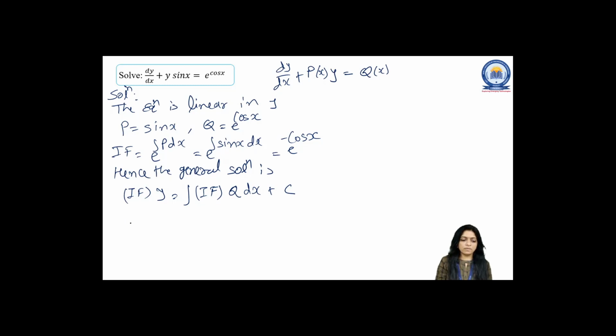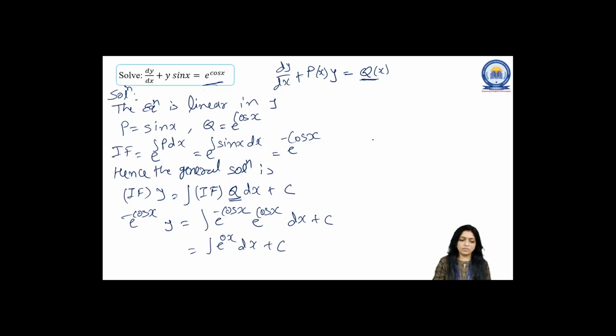So our integrating factor is e raised to minus cos x into y, keep it the same. Now integrating factor is e raised to minus cos x, and your value of Q, that is your right hand side, is e raised to cos x into dx plus c. So e raised to 0 into dx plus c. e raised to 0 is nothing but 1.